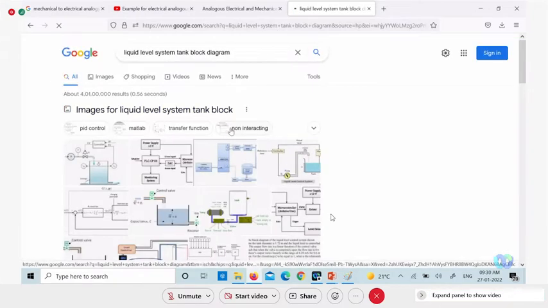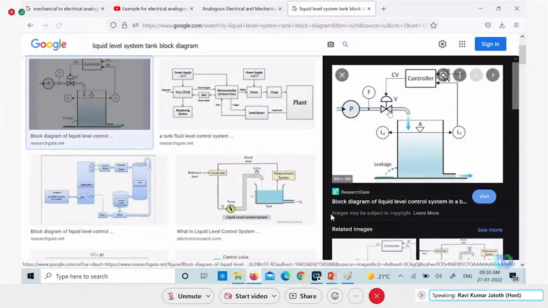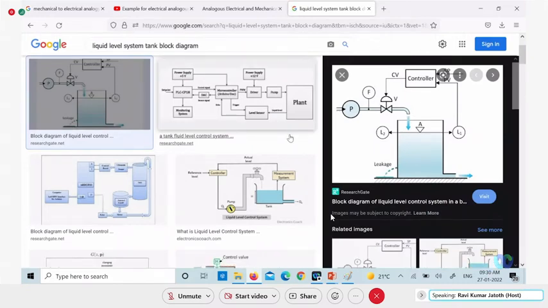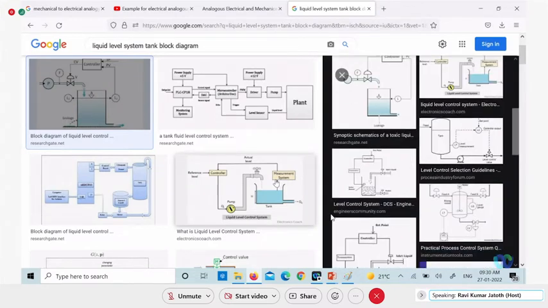So when you try to see, this is what liquid level system, and then its equivalent block diagram, what it is represented is. Okay, so sometimes very complex systems are written in the form of block diagrams by considering cause and effect relationship, right?